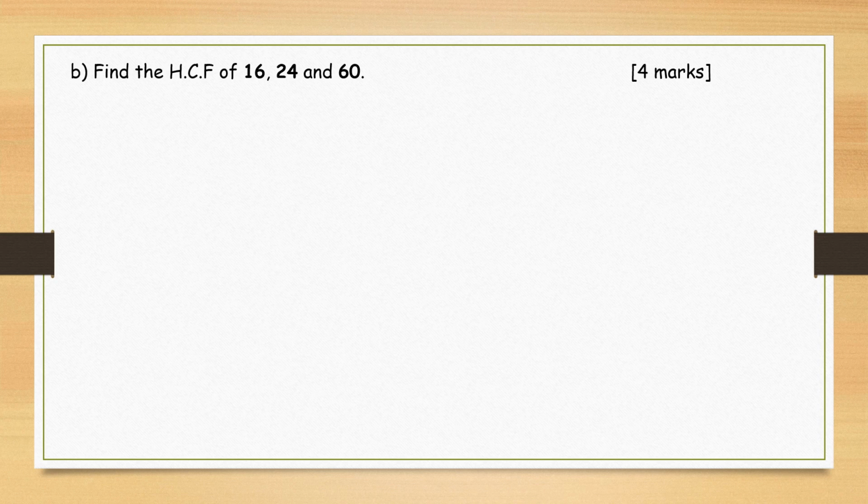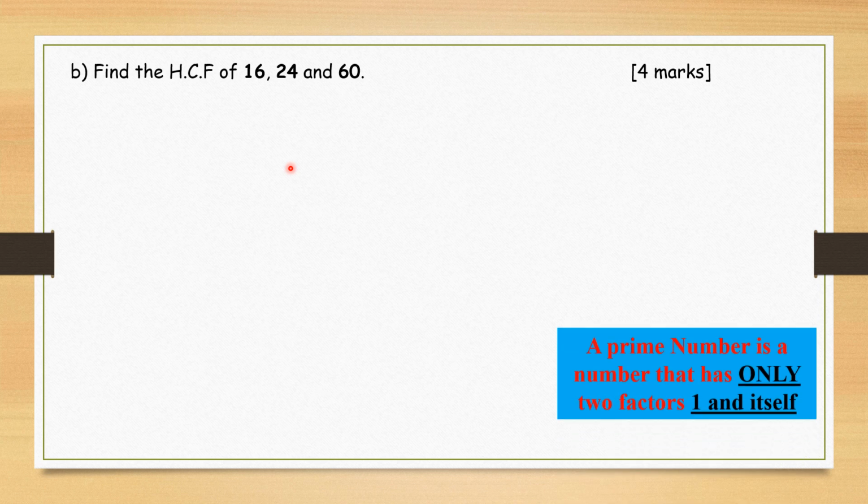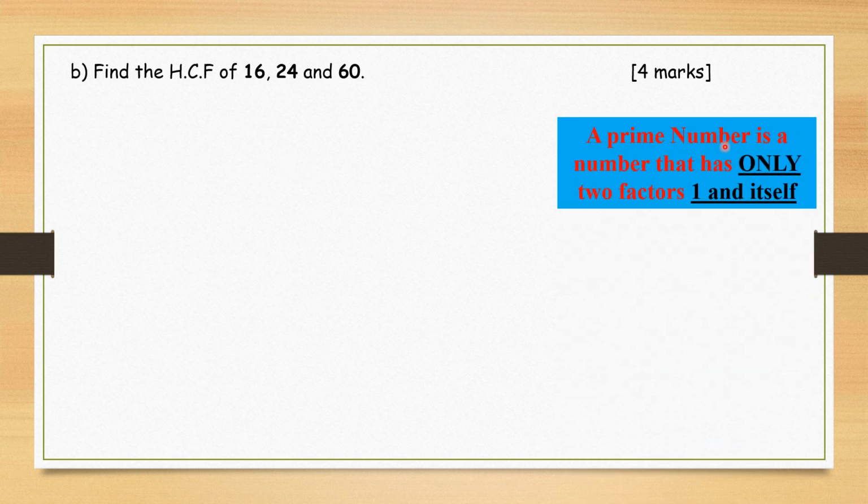So here we have find the HCF of 16, 24, and 60. Let's review first that a prime number is a number that has only two factors, 1 and itself. First 5 prime numbers are 2, 3, 5, 7, and 9.